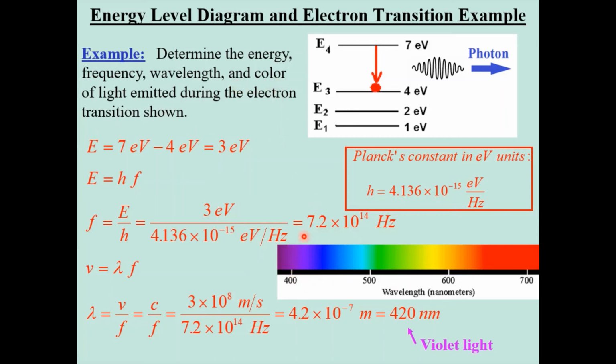Well, for here, I have to look on an electromagnetic spectrum for visible light. 420 would be somewhere right around here on this spectrum. Here's 400, here's 500. And so that would fall in the violet part of the spectrum, meaning that this transition up here is going to produce violet or purple light.